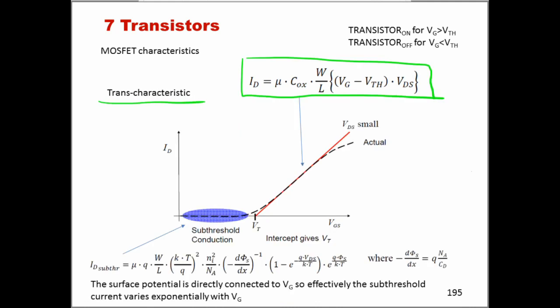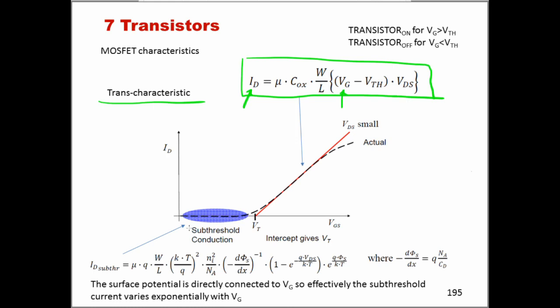If we look now at this formula as a function between ID and VG, with VDS a parameter, we can quickly realize that on an ID VGS plot, this is effectively a linear relationship.